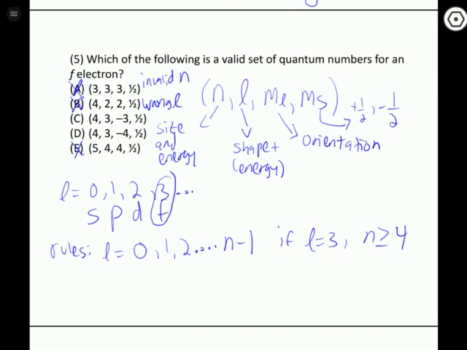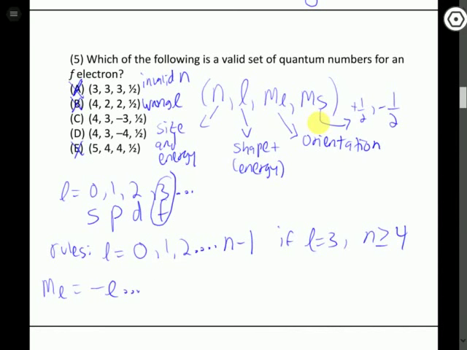And now finally, to evaluate the last two, choices C and D, the 4, 3 are the first two quantum numbers. That's fine because n equals 4 means L could be 3, and L equals 3 corresponds to f. But now let's think about the last one, which is m sub L. This one goes from minus L, including 0, all the way to plus L, which means for an f orbital we have minus 3, minus 2, minus 1, 0, 1, 2, 3.